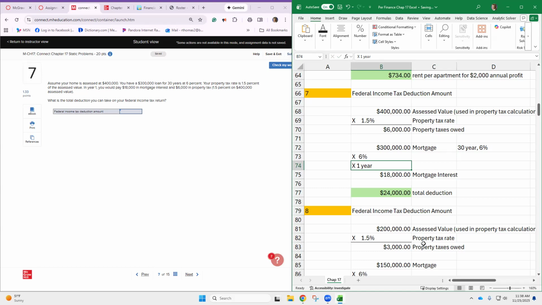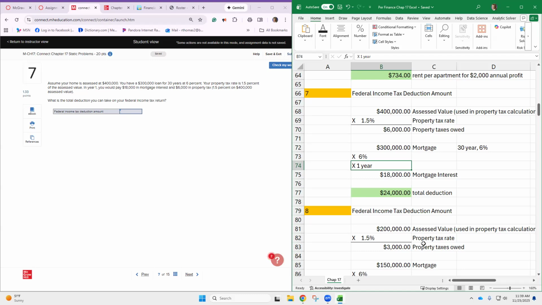The assessed value is what the government entity, usually the county you live in, determines. They look at all the properties in their jurisdiction and say this one is worth this much. A lot of times they don't go inside to see if the place is a Taj Mahal or a dump.